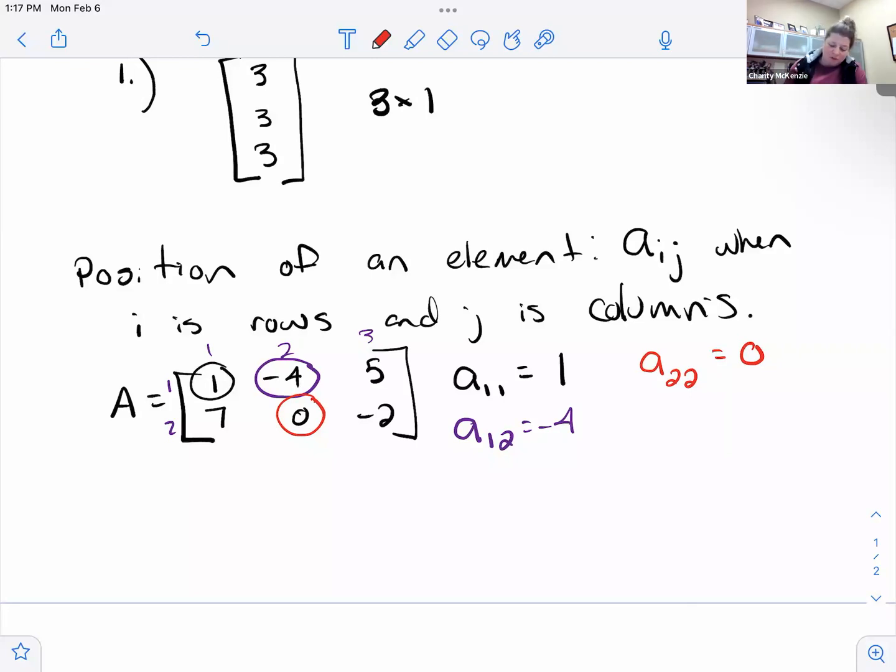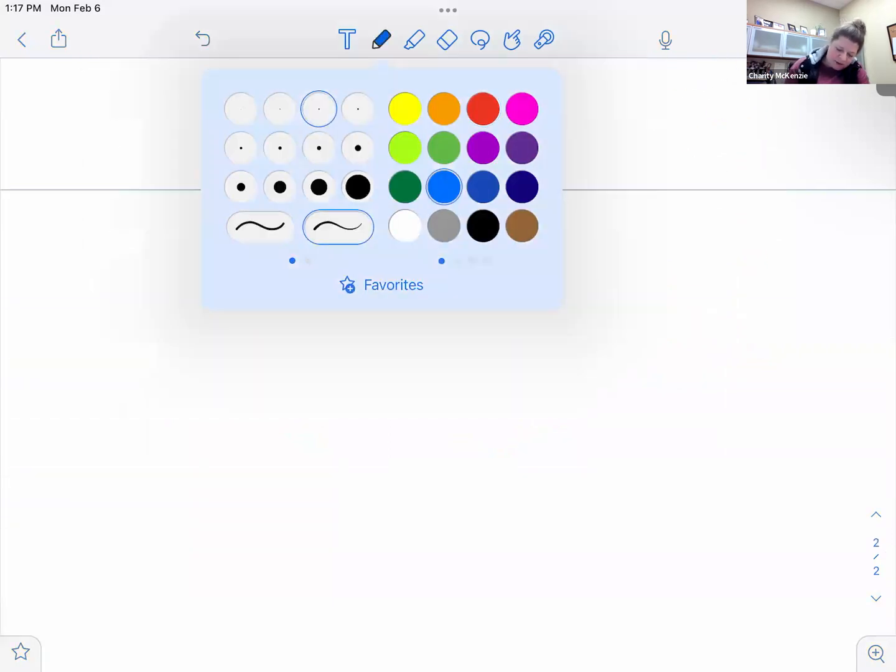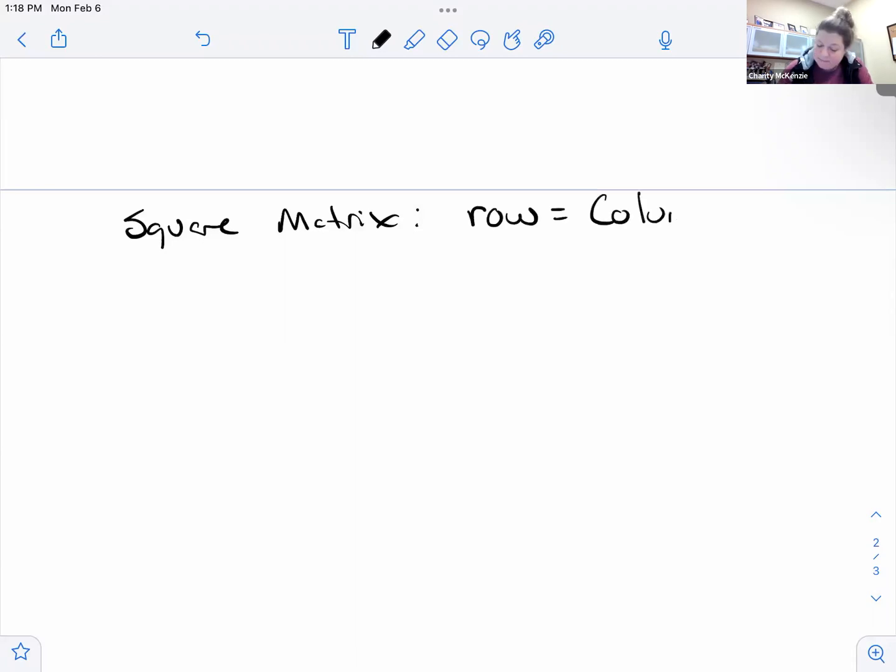So a square matrix has equal rows, equal columns. That's probably our easiest way to write it. Okay, rows equal columns. And our principal diagonal, we're at the end, principal diagonal.